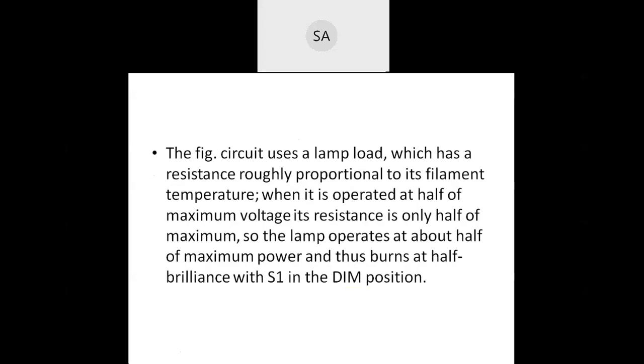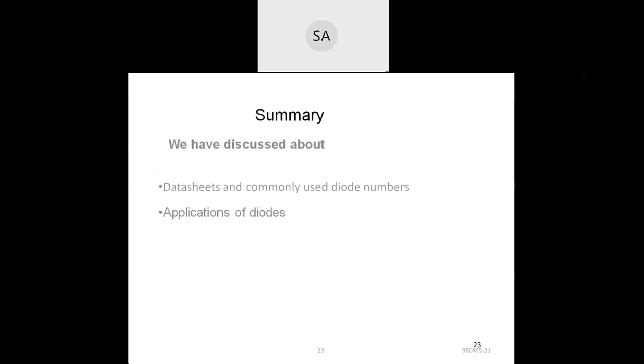These are the two series we discussed, along with the commonly used diode numbers and applications of diodes. The applications are protection, power control of soldering iron, protection against polarity reversal, dimming of incandescent lamps, and temperature sensing. These are the four topics we discussed in the applications of diodes.